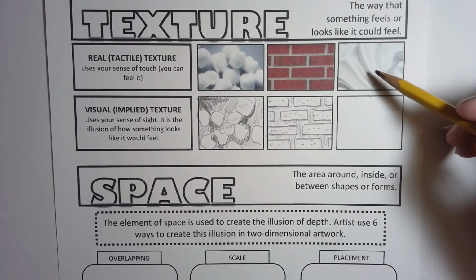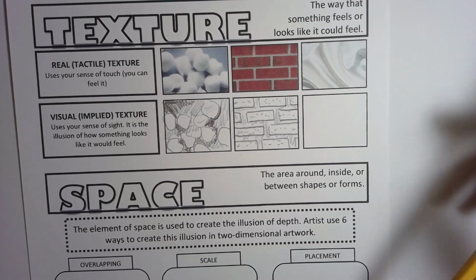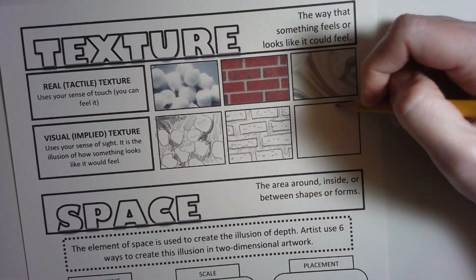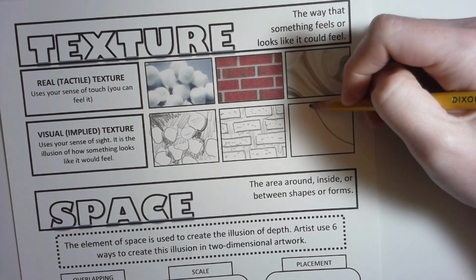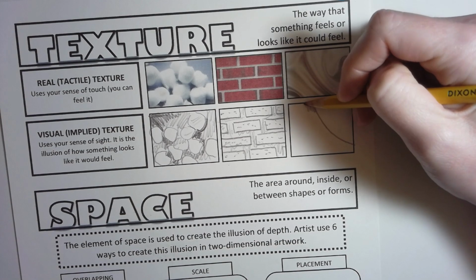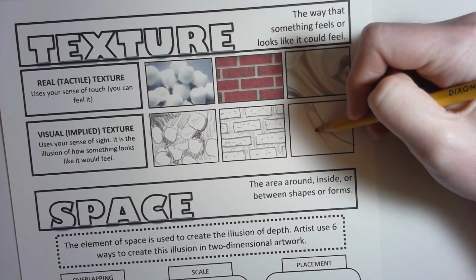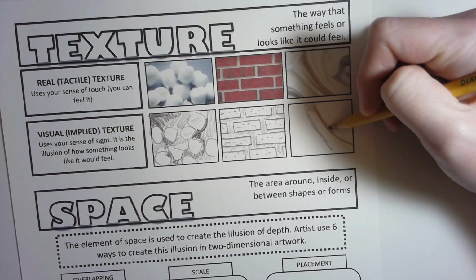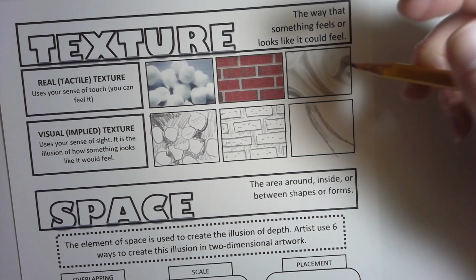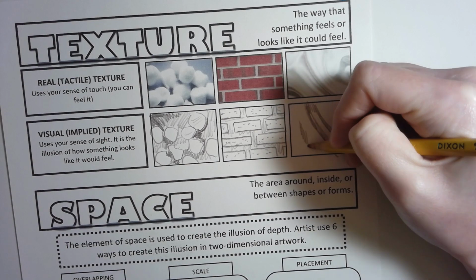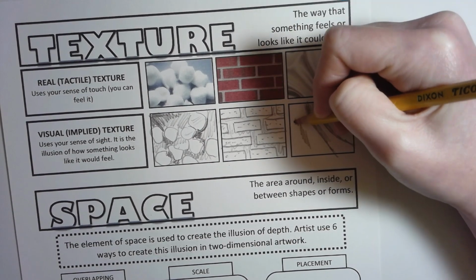All right, now this one's hard. This one's silky, and we want to try to create those folds in that silky fabric. So there's that big line there. And then we're going to kind of blend it out. There's this little fold right here.